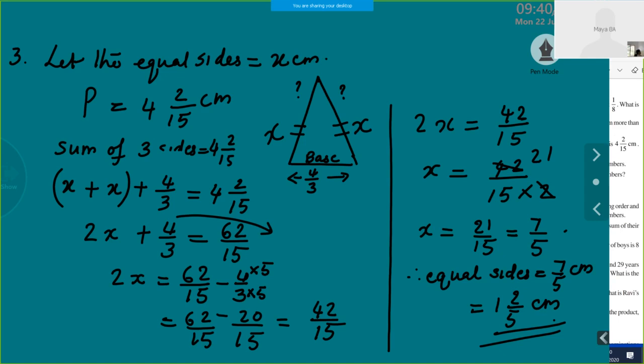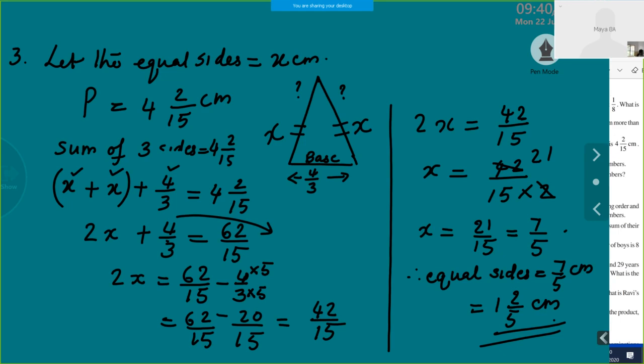Two equal sides are x each, so x plus x plus 4/3 equals 4 and 2/15. x plus x is 2x. 2x plus 4/3 is 62/15. When you bring the 4/3 to the other side, it becomes minus. So you get 2x is equal to 62/15 minus 4/3.